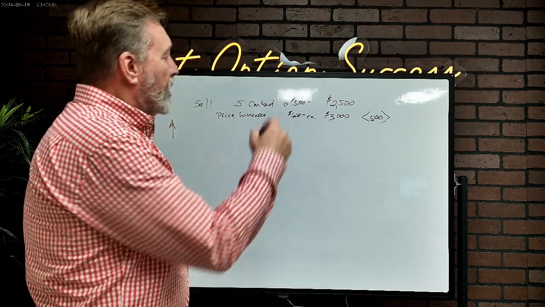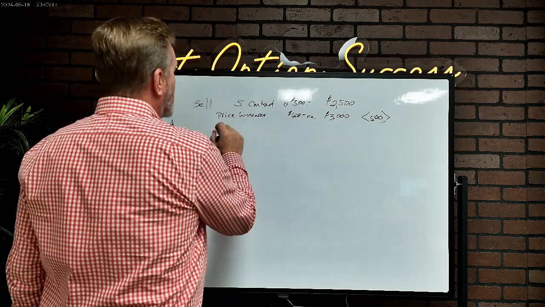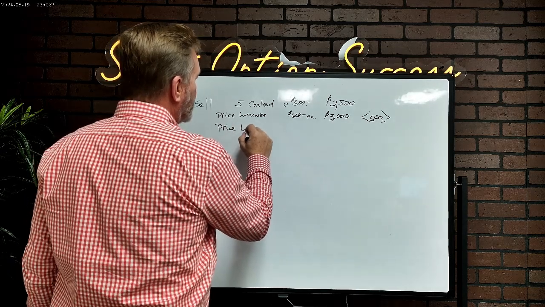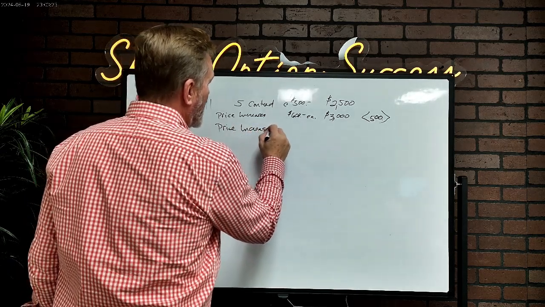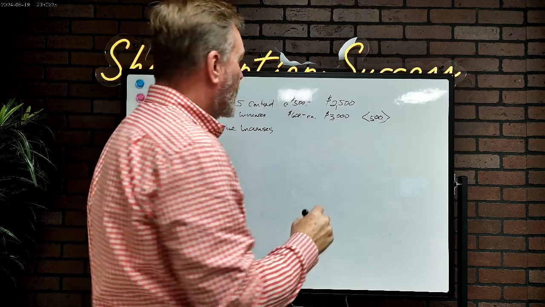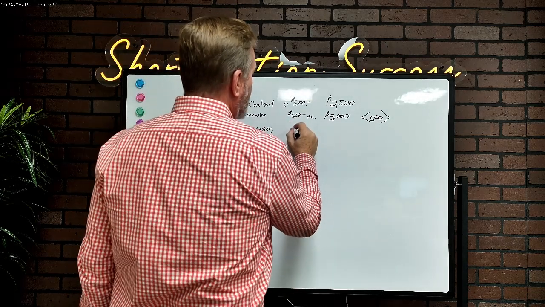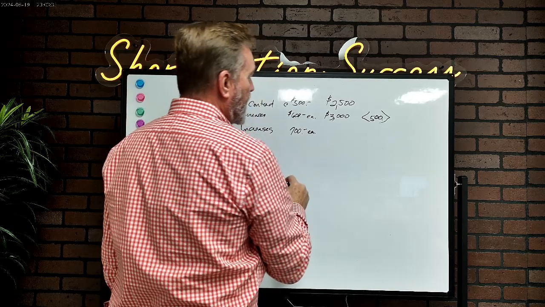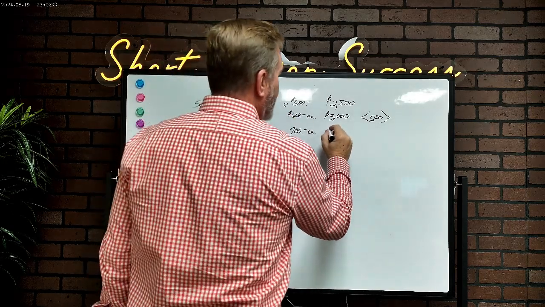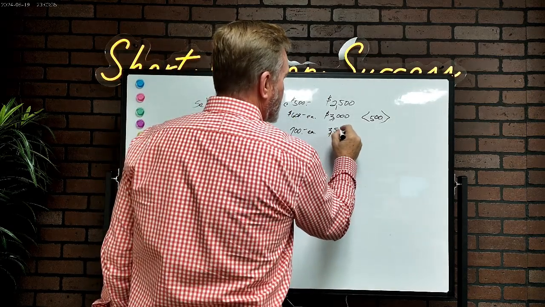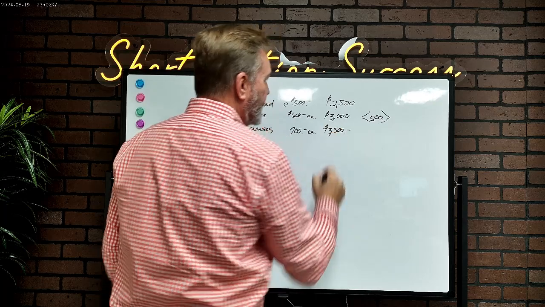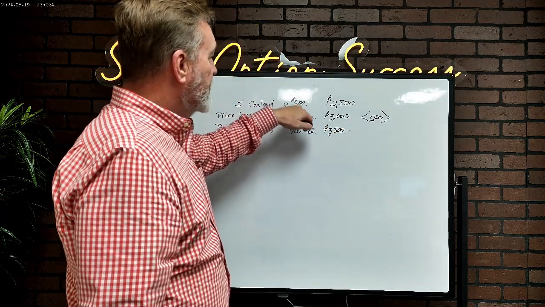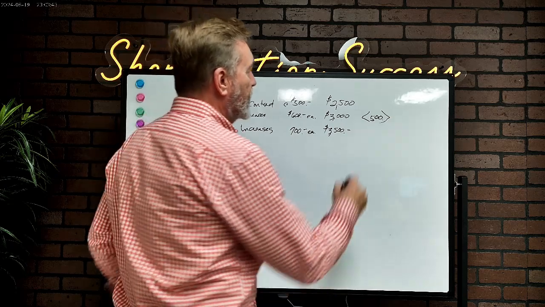All right. So let's say the price continues to increase. Let's say it moves a little bit more, and all of a sudden these are worth $700 each now. All right, 700 times 5 is $3,500. That's what the value of those 5 contracts that we originally sold is worth.